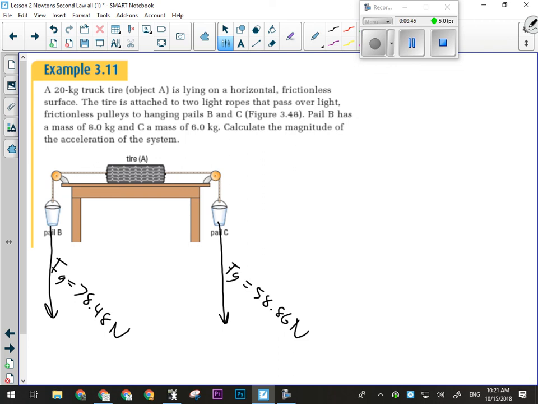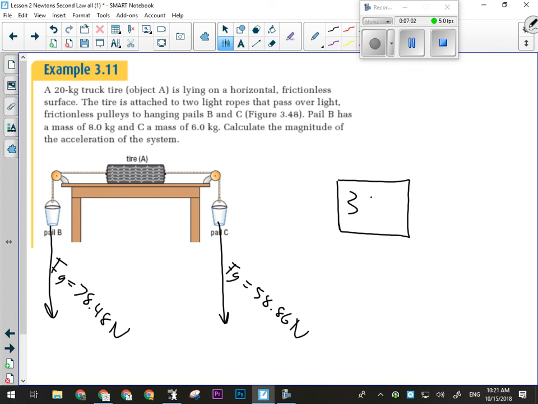Now I've got to calculate my net force, but I have to calculate the net force acting on the system, not on individual parts. I have these two masses as well as the mass of the tire, which is 20 kilograms, so 20 kilograms plus another 14.